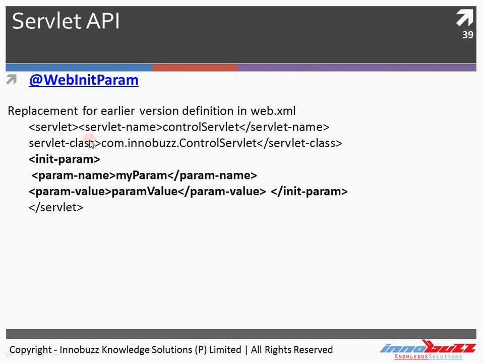This was the earlier version of web.xml, how it used to look. And now instead of all these things, we can just use the annotation, doing all of this in a single line. Let's see one more example in demonstration.